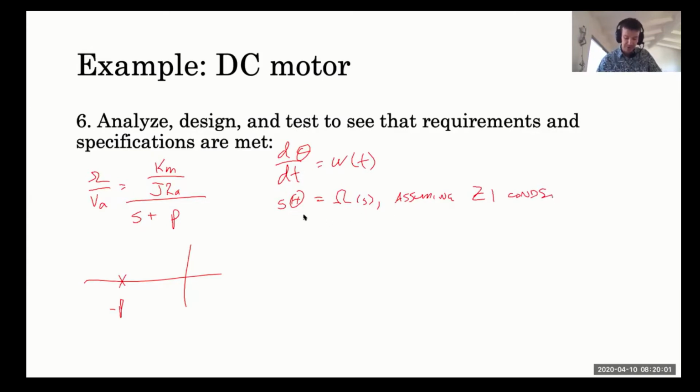Which means the transfer function from omega to theta is just 1 over S. And so we can use that information to take our old transfer function, which was voltage to speed, and convert it into a transfer function of voltage to position: Km over JRA, divided by S plus P, times 1 over S.